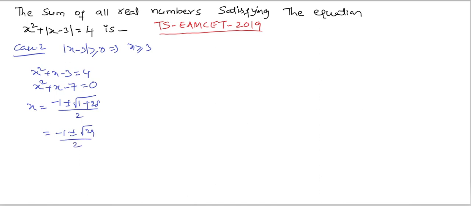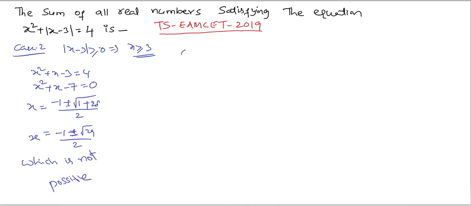Here root 29 value lies in between 5 and 6. If you take 6 minus 1, 5 by 2, 5 by 2 is 2.5, but here x is greater than or equal to 3. So this x value is not possible.